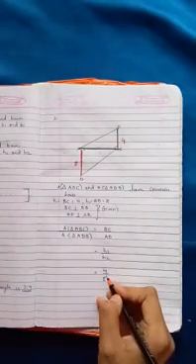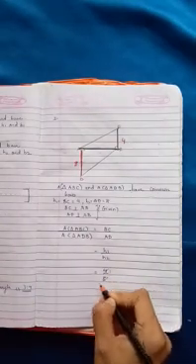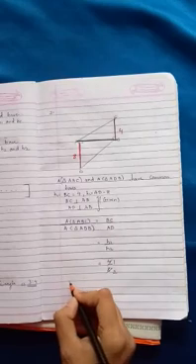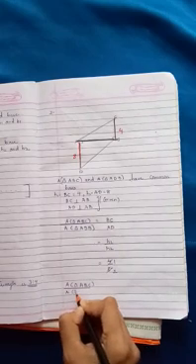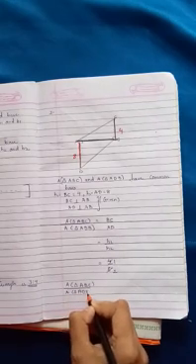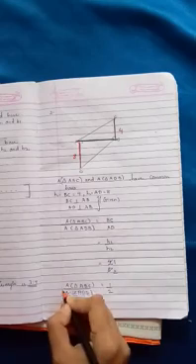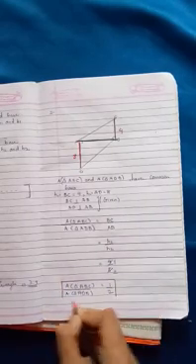So what do you get? 4 ones are 4, 4 twos are 8. Correct? So the ratio of the areas of both the triangles, area of triangle ABC upon area of triangle ADB, is equal to 1/2. Correct?